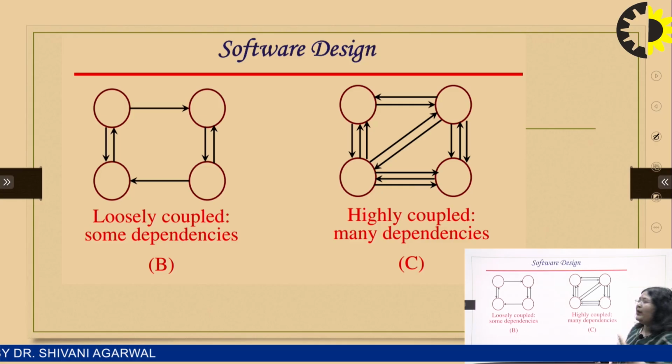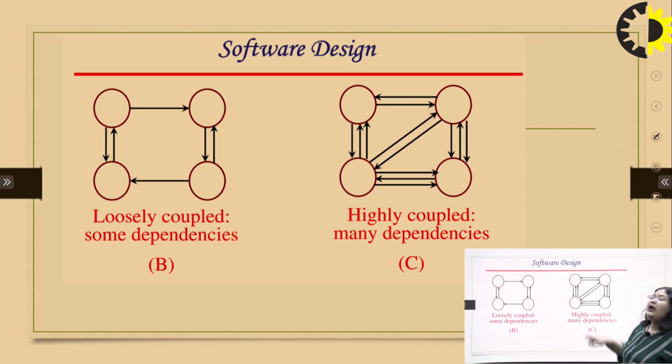That dependency is not shown in the loosely coupled case, because in loosely coupled the module dependencies are minimal compared to highly coupled. So it is very understandable that if we design or implement software, we always prefer loosely coupled or low coupling. So this is coupling.